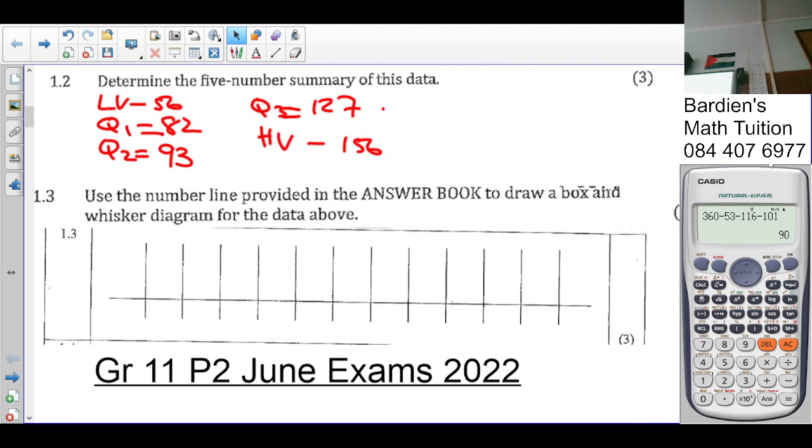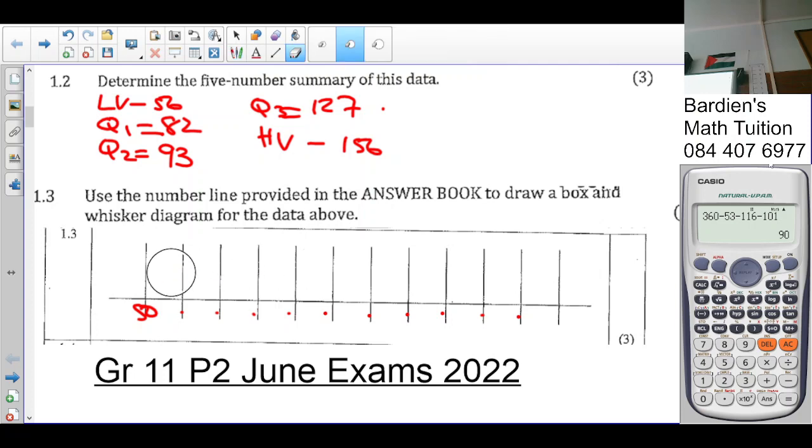So I start here, 50, 60, 70, 80, 90, 100, 110, 120, 130, 140, 150, 160, so that is enough. So I can go into tens. If that didn't work, then I would have made my spacing either bigger or smaller to accommodate. I'm not going to make it 50s and then have a small box and whisker here. It doesn't make sense.